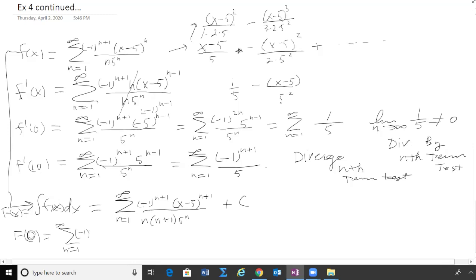We have a minus 1 to the n plus 1, and then you would have a minus 5 to the n plus 1. And then underneath, we'd have an n with an n plus 1, and a 5 to the n. Okay, so our job is to figure out if this converges or not. Well, we can see it's alternating.